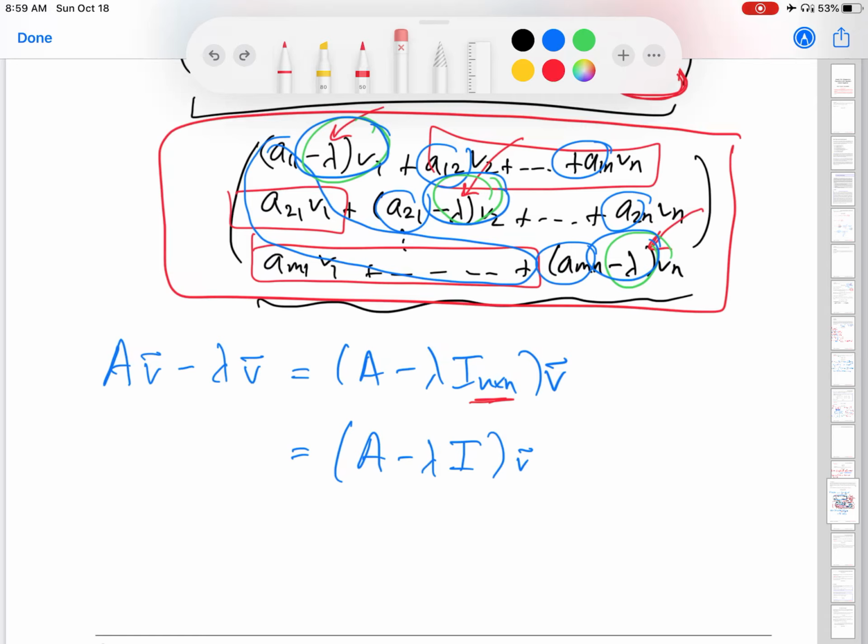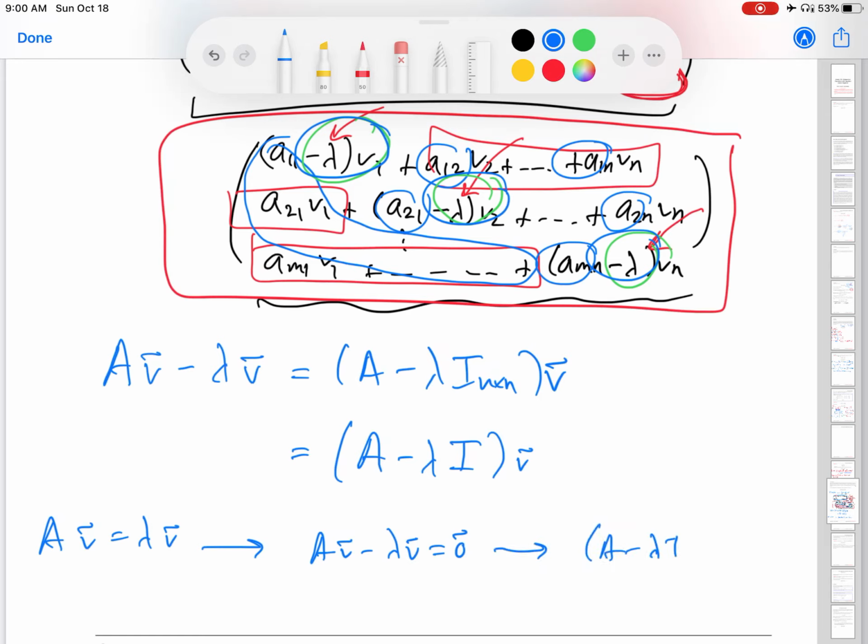So down here, I'm going to go back and finish what we are trying to do here, solving the eigenvalue eigenvector equation. I started with this, then moved over the lambda v term, and converted it into this form.